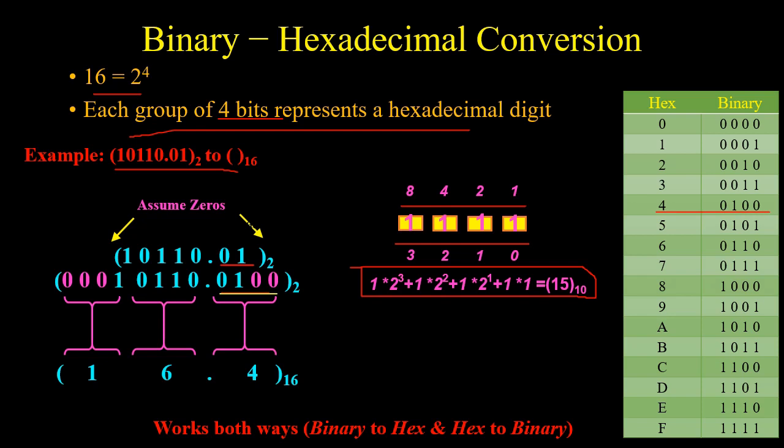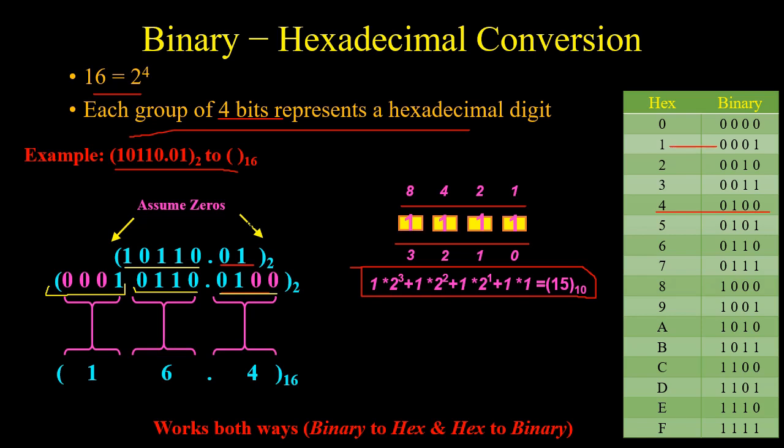Now for all the bits to the left of the decimal point, we have a total of 5 bits. So we will start making binary sets of 4 bits starting from the LSB. The first binary set will consist of 0, 1, 1, 0, and for the second set we will add 3 additional zeros to the left of the MSB, and the set will be 1, 0, 0, 0, and its hexadecimal equivalent will be 1.